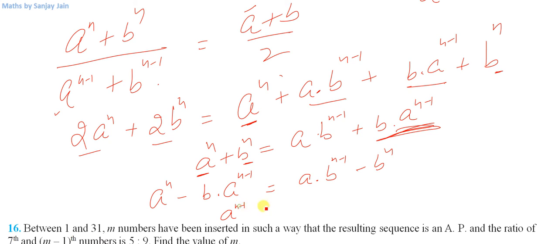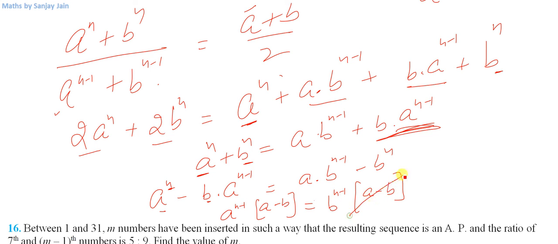A raised to power n minus 1 outside. So out of this, n minus 1 has gone outside and I am left with A raised to power 1 inside, A minus B. Alright. And on the right hand side I will take B raised to power n minus 1 common, so I'll have A minus B inside.